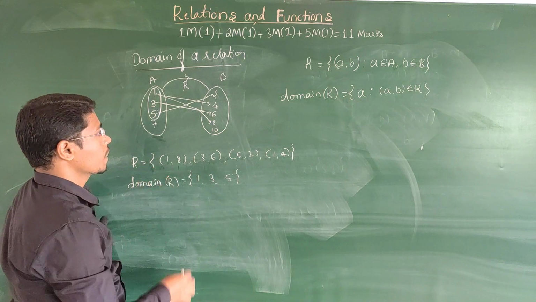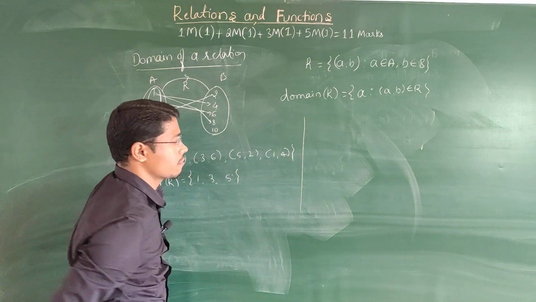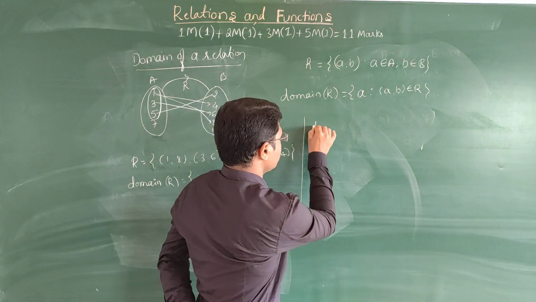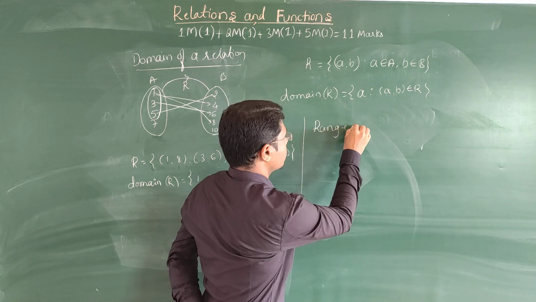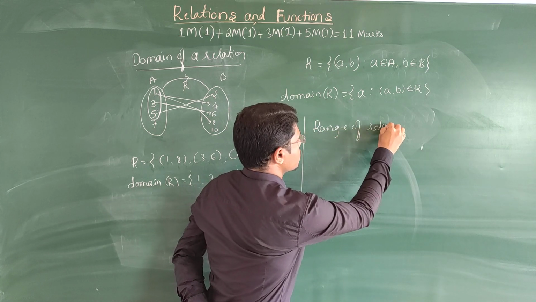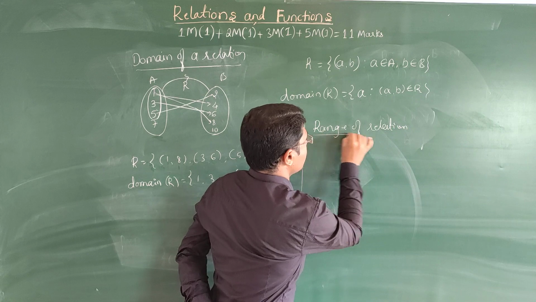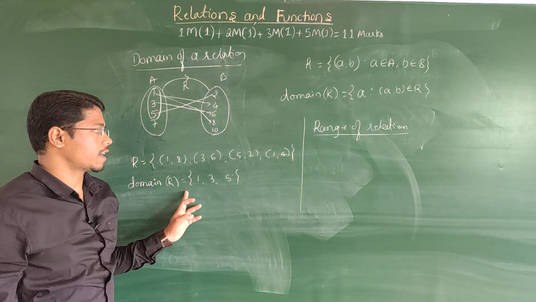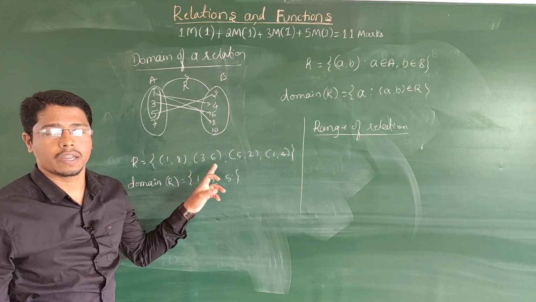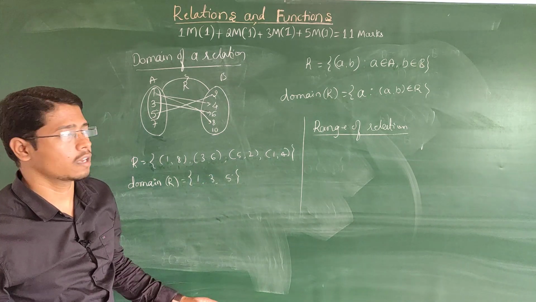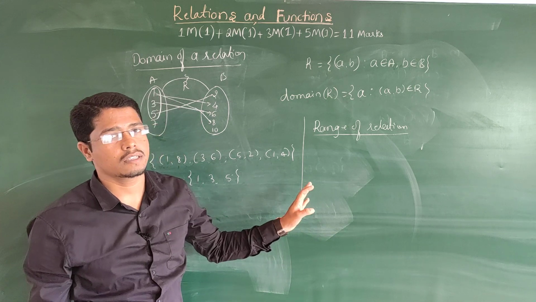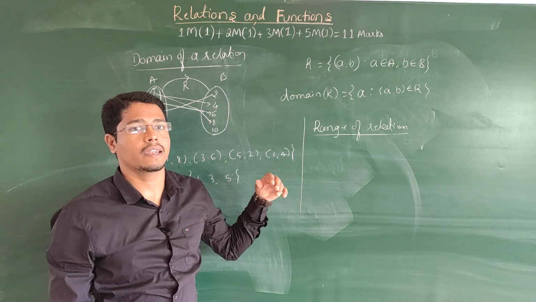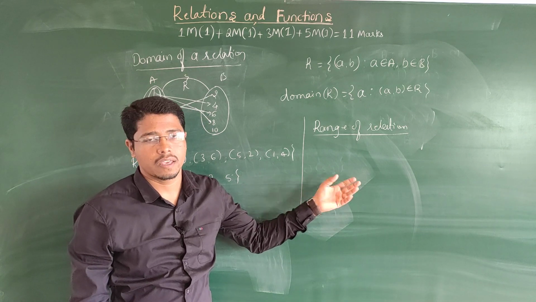And in a relation, the concept after domain is the range of a relation. Domain is the set of all the first elements of the ordered pairs (a, b), and range is the set of all the second elements of the ordered pairs (a, b).